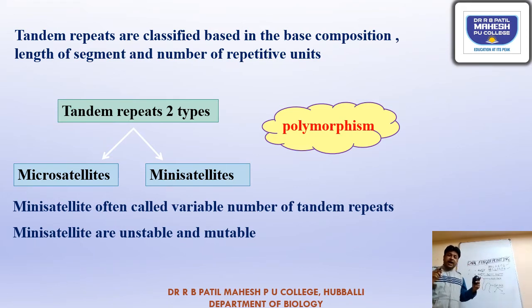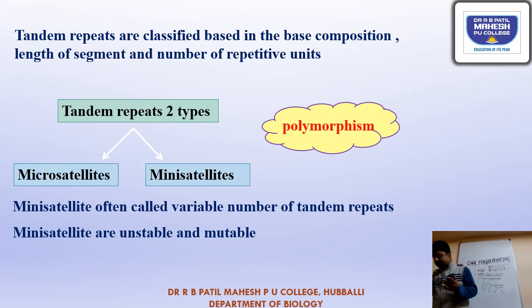If inheritable variations occur at a higher frequency in such a DNA sequence, that is repetitive DNA, then it is called DNA polymorphism. I'll repeat once again.